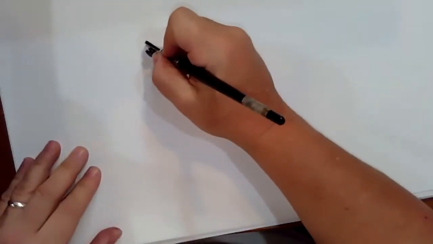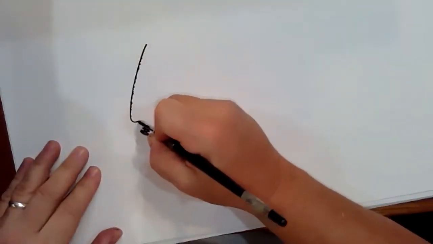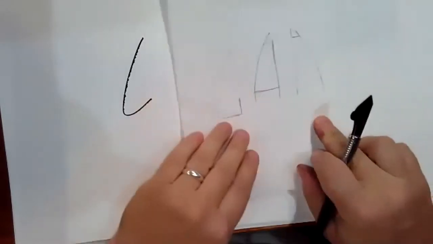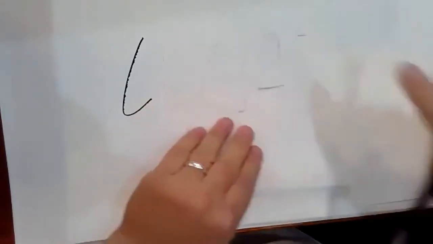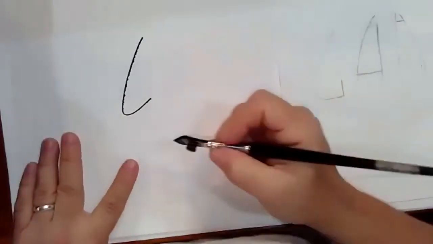All right, so I've got to think about my letter shapes. So my C is that. My H. Anybody remember what my H looked like? What did I do with my H? Oh, I did that kind of, yeah. So I either can do this H or this H. Remember, we weren't sure.